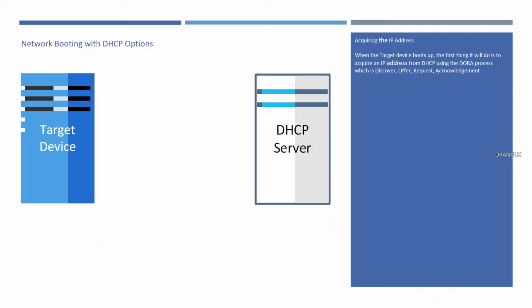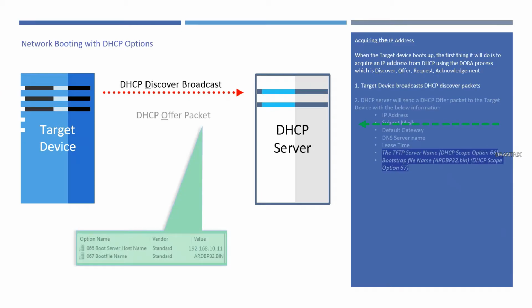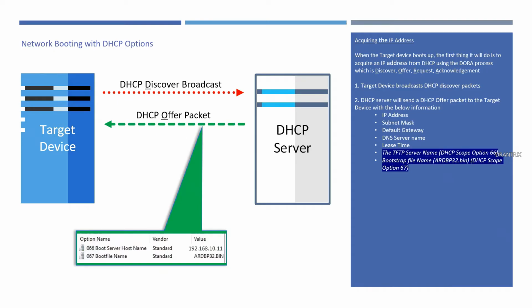Just like the DORA process, the target device broadcasts the DHCP discover packets, but in the second stage the DHCP server will send the DHCP offer packet to the target device with the usual information, and along with that, the TFTP server name and the Bootstrap file name are also provided to the target device.